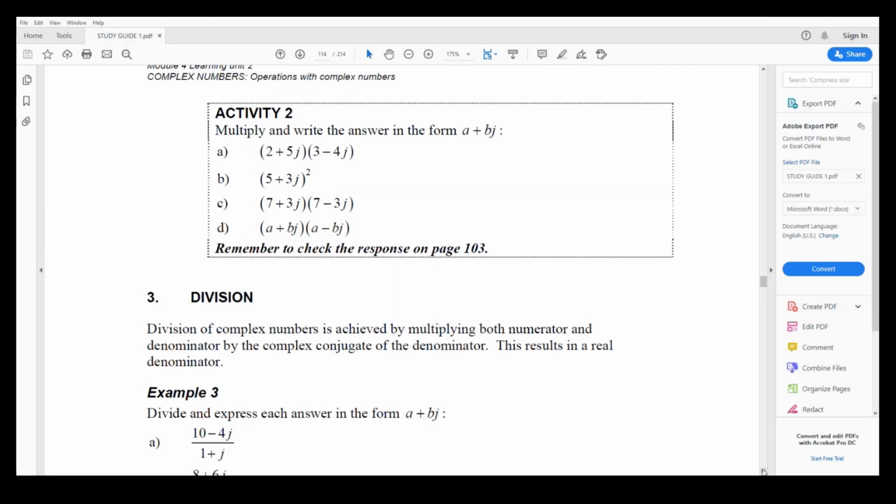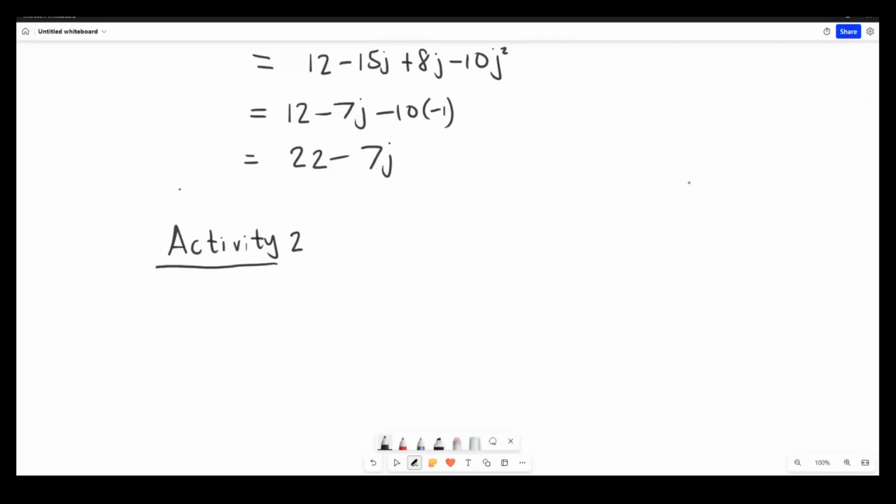So what I'm going to do, I'm going to write down activity 2 and just make a note on it also, right? And then we can do 1 or 2 problems there, okay, before we move on to division. So I think for activity 2 that you saw now, I will skip some stuff. There's a B question there. 5 plus 3j.